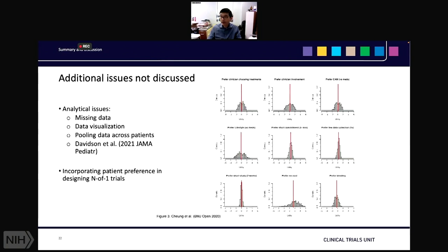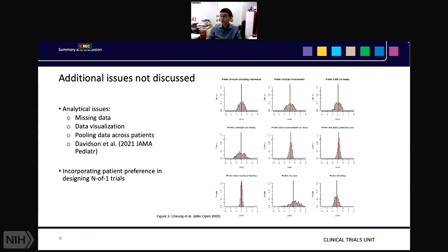An additional issue that we did not discuss, but I'm just going to refer you to the literature in this JAMA Pediatrics paper, which discusses all the analytical issues, including missing data and how we use data visualization in N-of-1 trials. Data visualization is very important because a critical element of N-of-1 trials is to communicate the findings to patients so that they can make informed decisions.